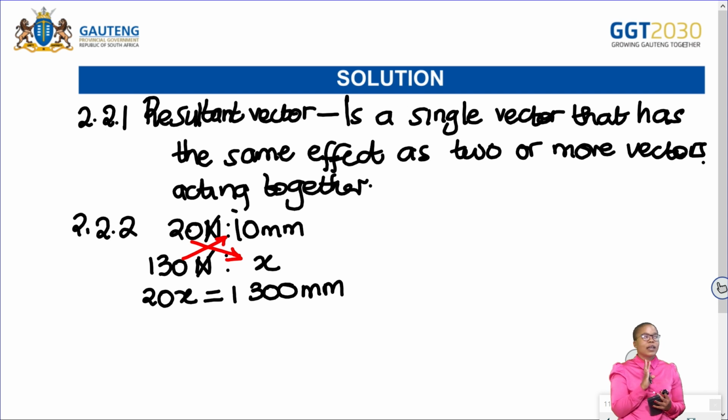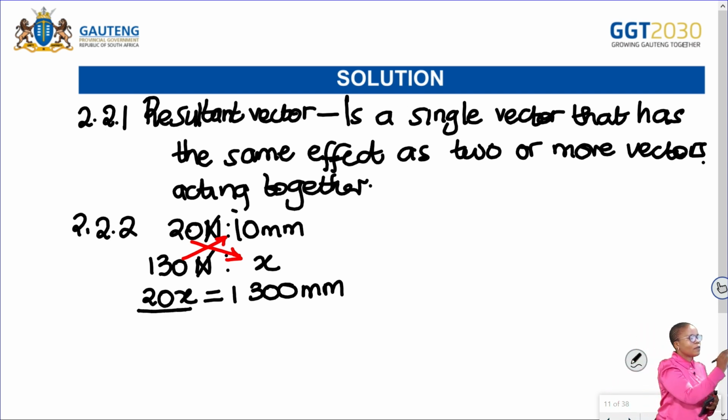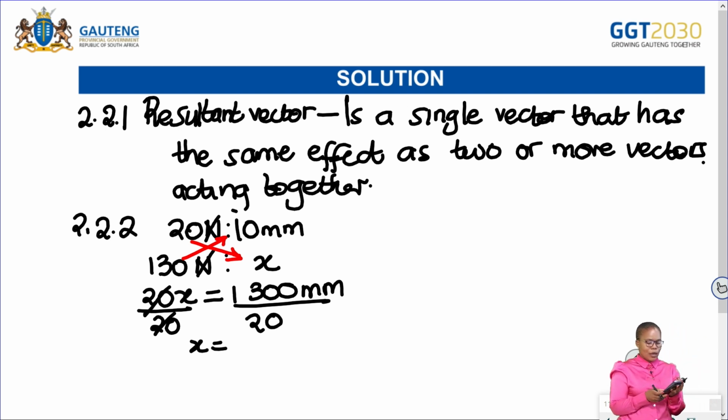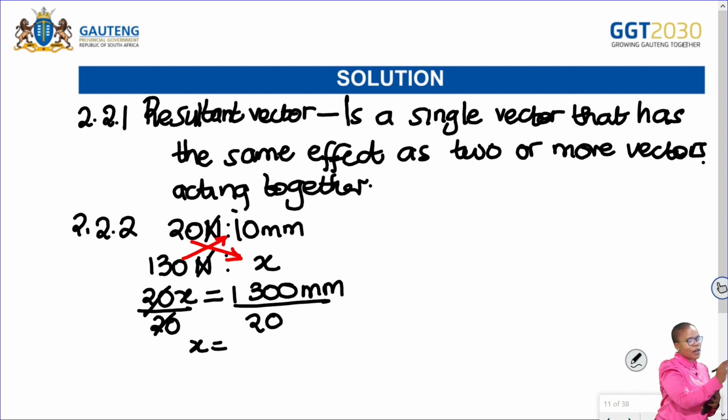We're not trying to find 20X, we're trying to find X, so we divide by 20 on both sides so that the 20 cancels. X is equal to 1,300 divided by 20, which gives us 65 millimeters.